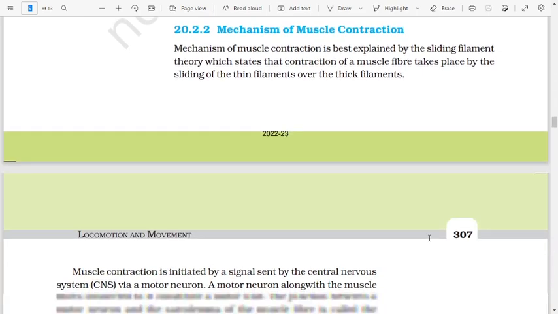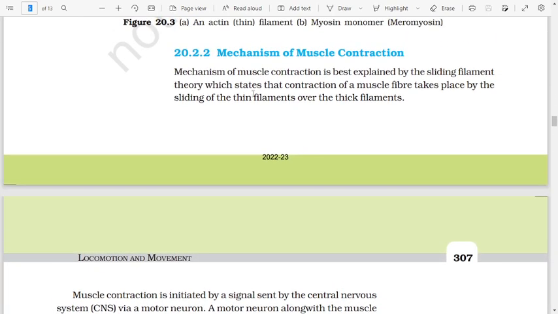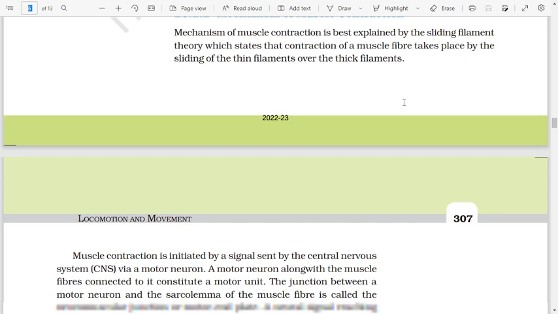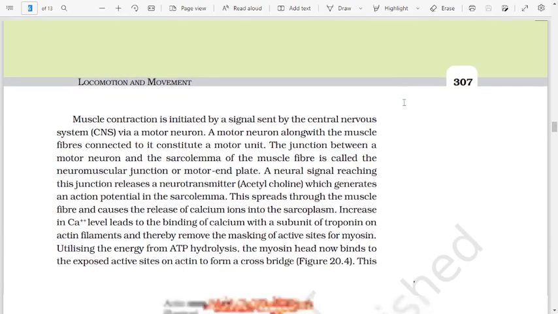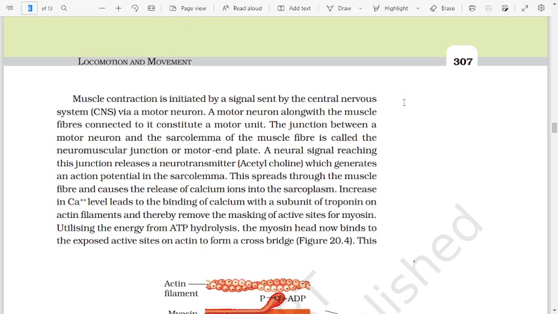Mechanism of muscle contraction. Mechanism of muscle contraction is best explained by the sliding filament theory, which states that contraction of a muscle fiber takes place by the sliding of the thin filaments over the thick filaments. Muscle contraction is initiated by a signal sent by the central nervous system CNS via a motor neuron.